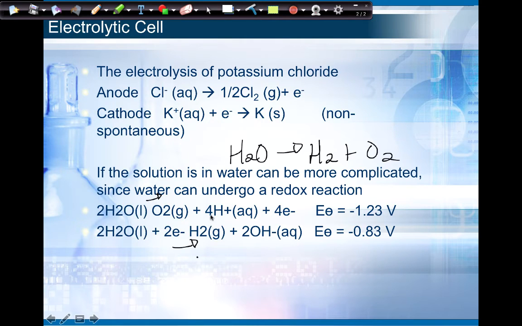The arrows got misplaced here. But anyway, if you have a solution and you place it into water to do this electrolytic cell situation, sometimes you have to consider what the E values of these two reactions might be.